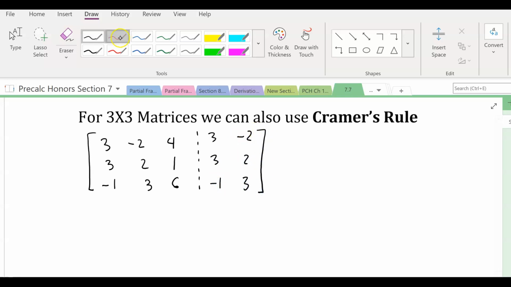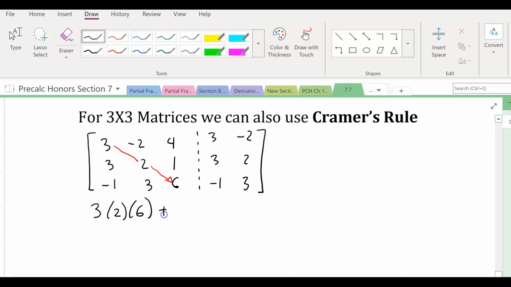And then what we're going to do is multiply along these diagonals here. So I'm going to multiply these 3 values: 3 times 2 times 6.